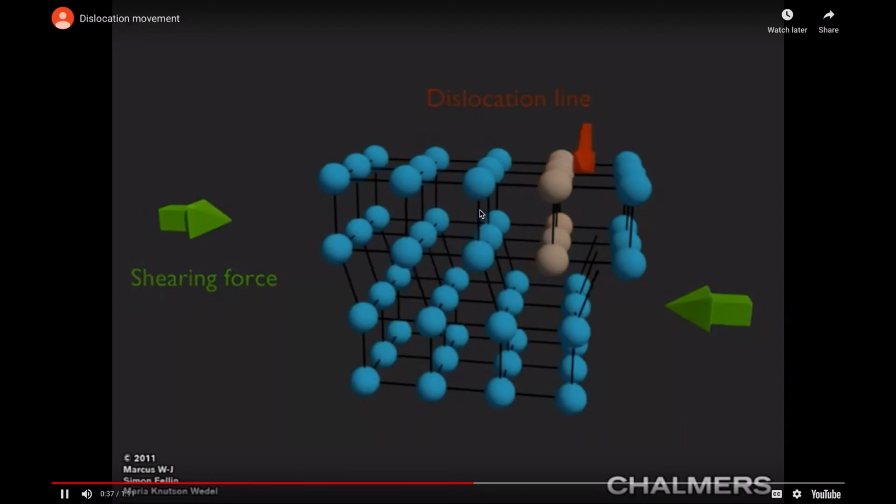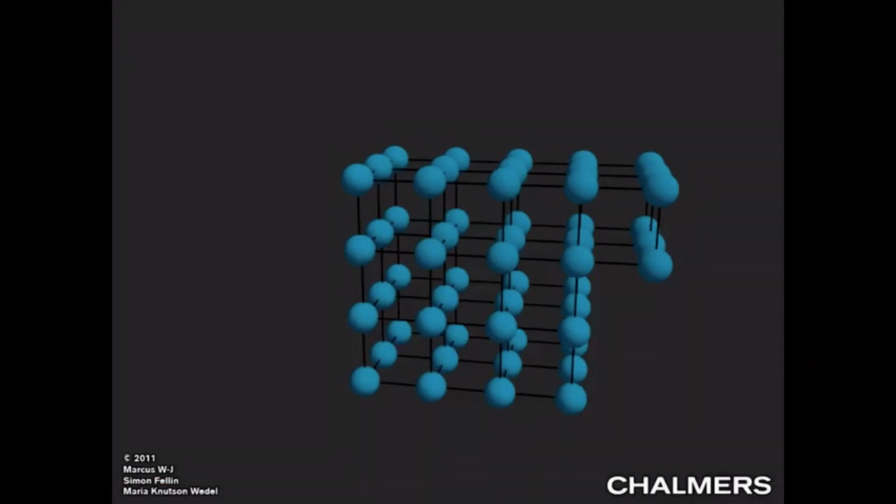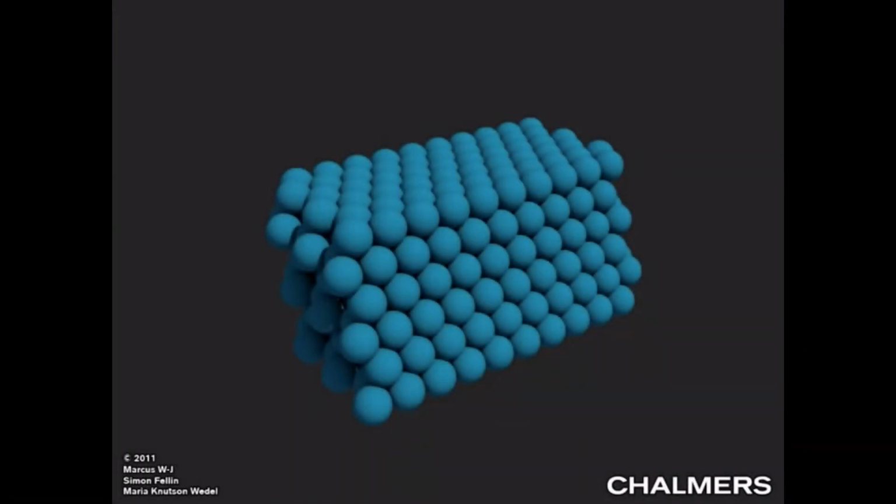It moves slowly until it reaches the end, or in this case it's reaching the grain boundary, or the dislocation will catch up with the other dislocation.